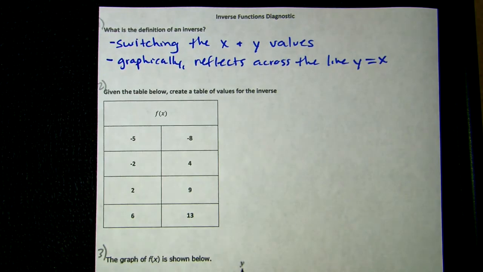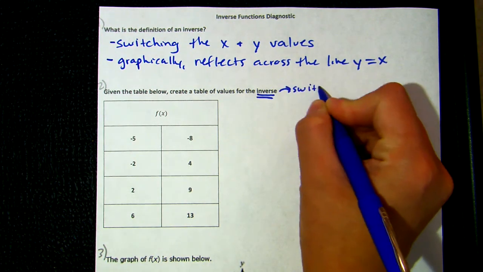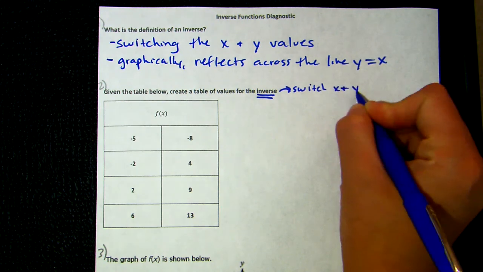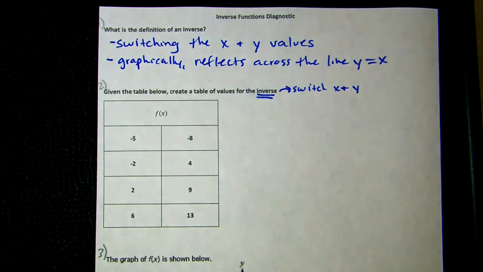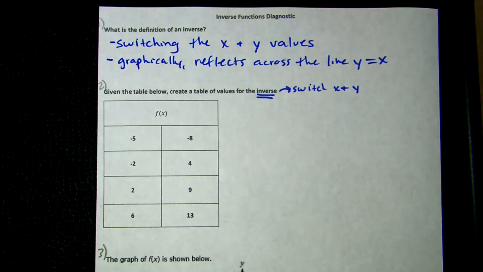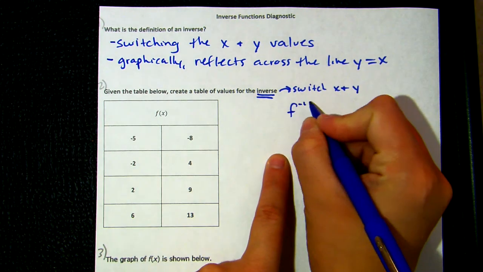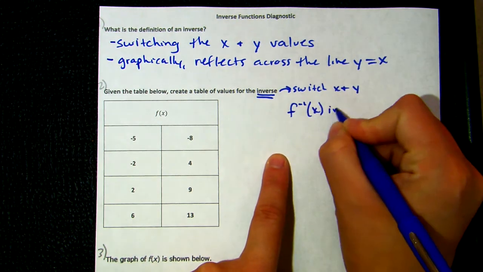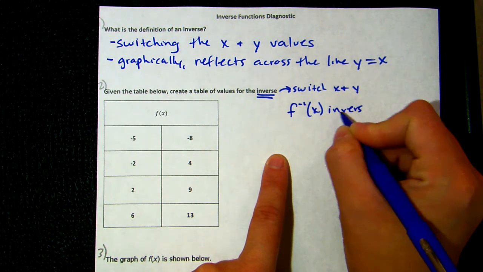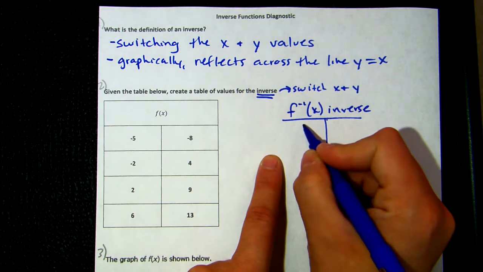It says, given the table below, create a table of values for the inverse. Again, inverse means switch x and y. So here I just need to generate a new table where my x and y values are switched. Okay? So I'm going to label this table f to the negative 1 of x. Remember, this notation just means inverse. So here are my x values.